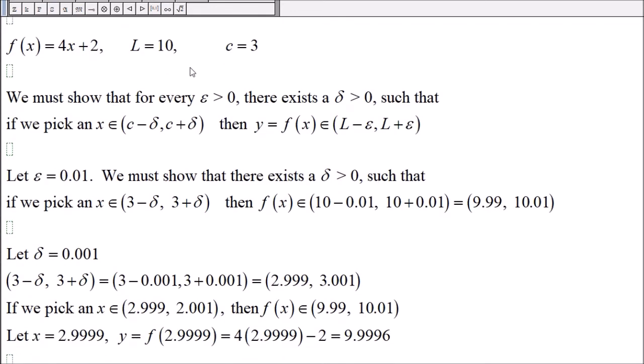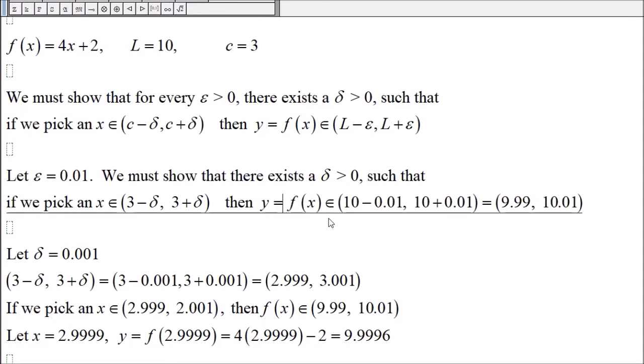So let's start with an example. Let epsilon be given as 0.01. Then we must come up with a delta such that if we pick an x from the interval 3 minus delta and 3 plus delta, 3 is the c right here, then the corresponding y value must be inside the interval of 10 minus 0.01, or epsilon, and 10 plus 0.01, which is the interval 9.99 and 10.01.